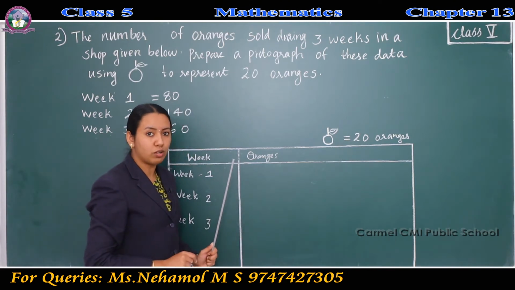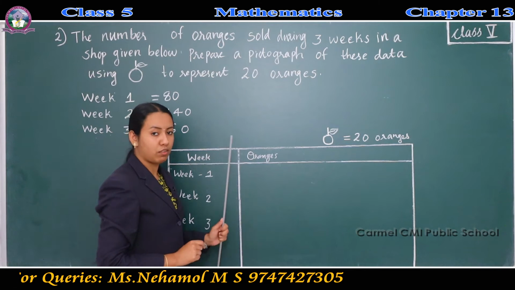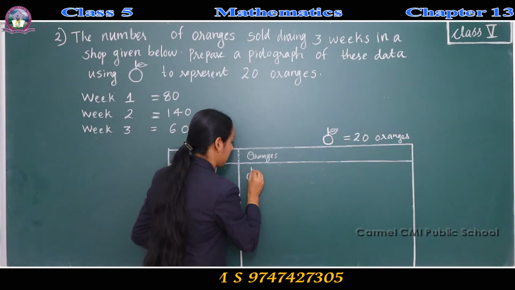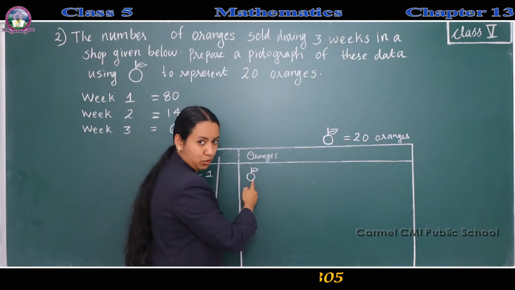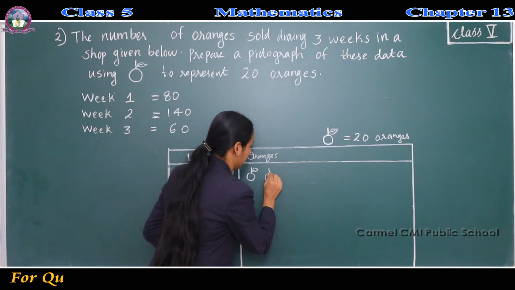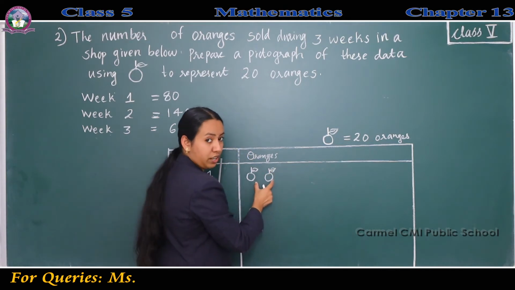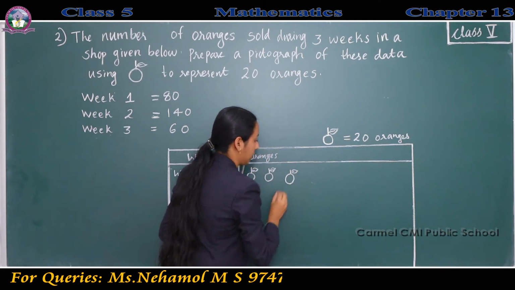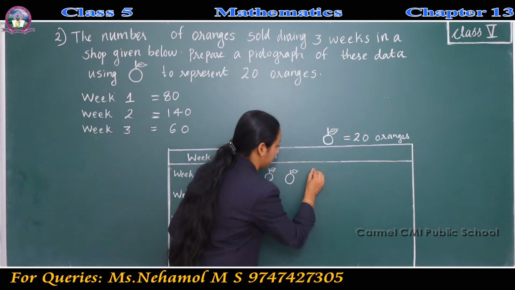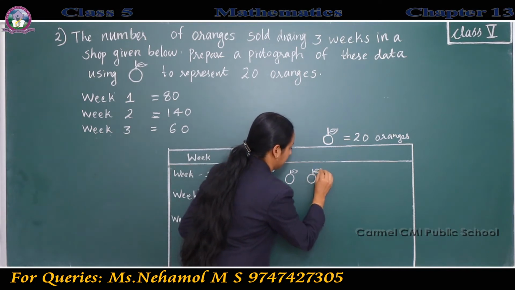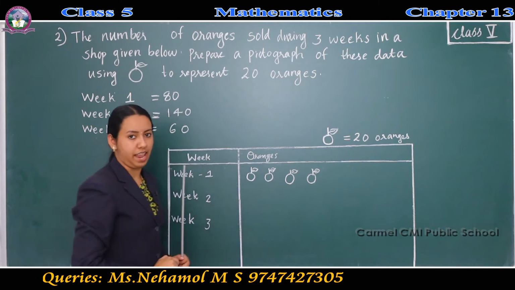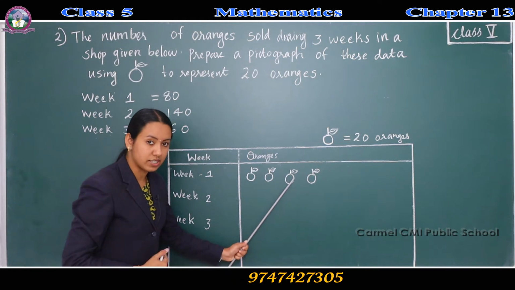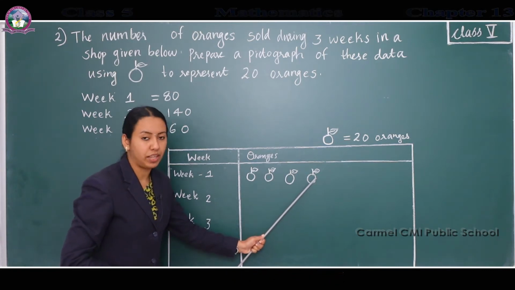So how many pictures do we have to draw? 20 plus 20, 40. 40 plus 20, 60. 60 plus 20, 80.